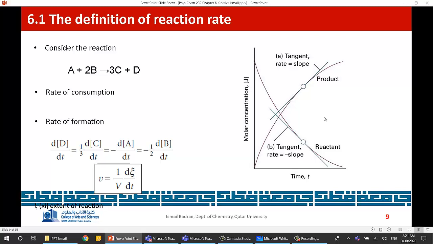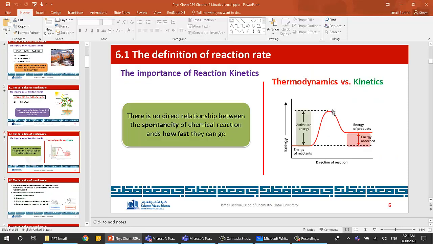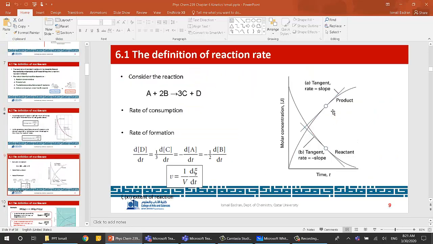But the difference between the two is that for the reactants, we use the words rate of consumption. That means the reactants are being consumed, and therefore the rate is actually negative, because if you see here, this line is going down. So the slope of this line here will be negative.